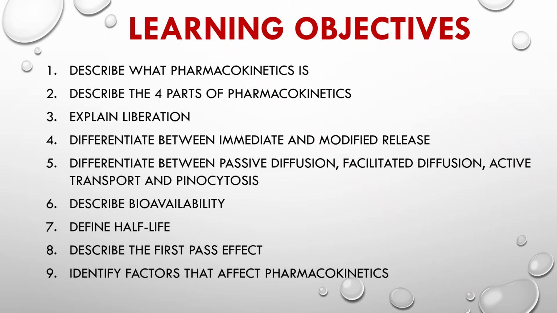And then we'll talk about transport into cells through passive diffusion, facilitated active transport, and also pinocytosis. And then a couple other terms that go along here are bioavailability and half-life. We'll learn what those are, as well as what's called the first pass effect that happens with oral medications, and then some of the factors that impact what this pharmacokinetics is.